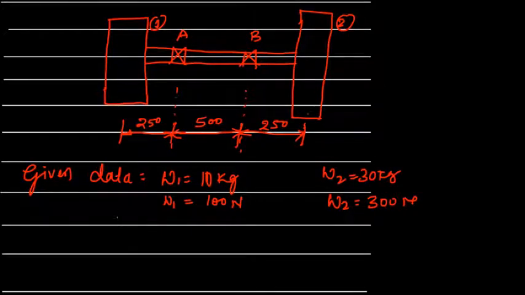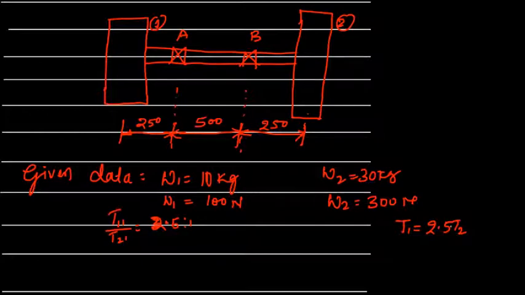Now they have given belt tensions for both. Tight side to slack side is 2.5 to 1. That means the tight side T1 equal to 2.5 times T2.